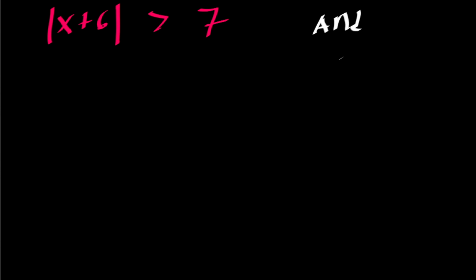All right, so let's say I have, well, we can do this example again: absolute value of x plus 6 greater than 7. Here's what tells you if it's an and or an or.